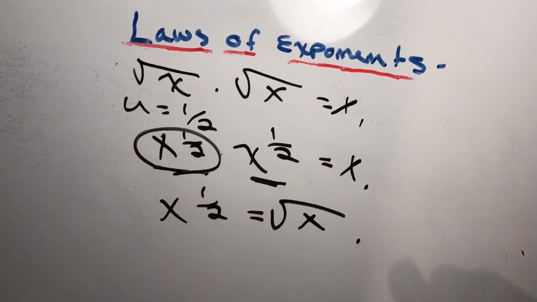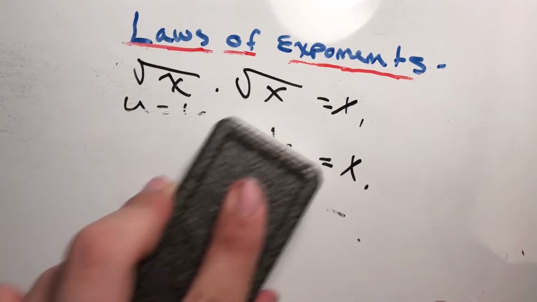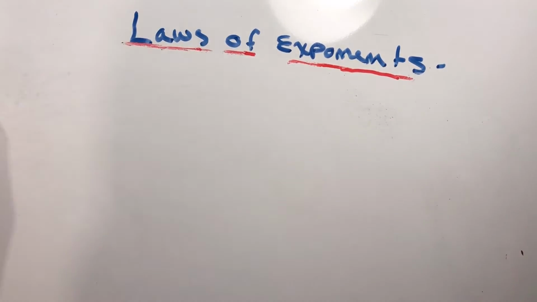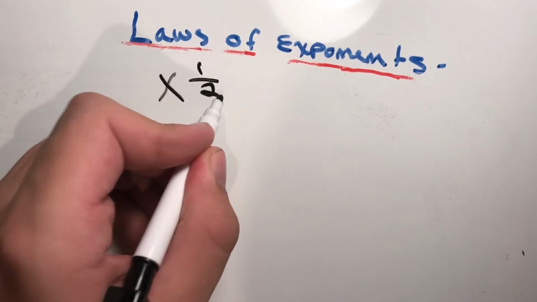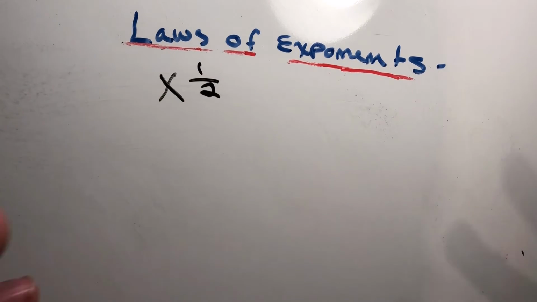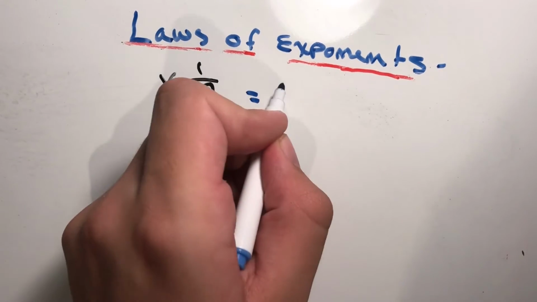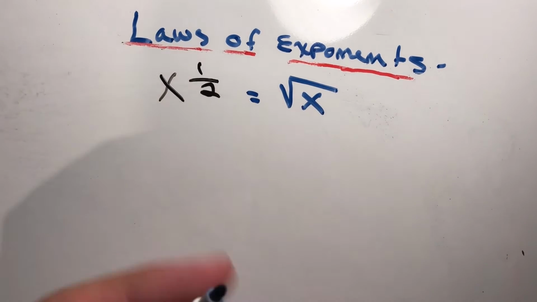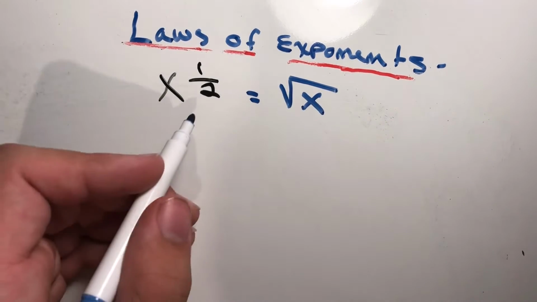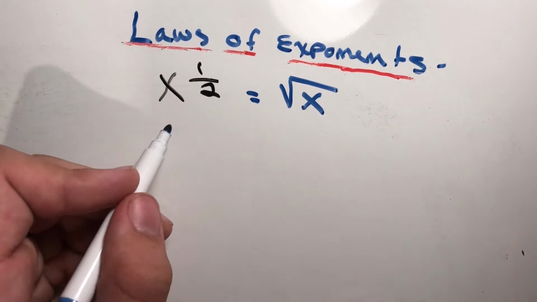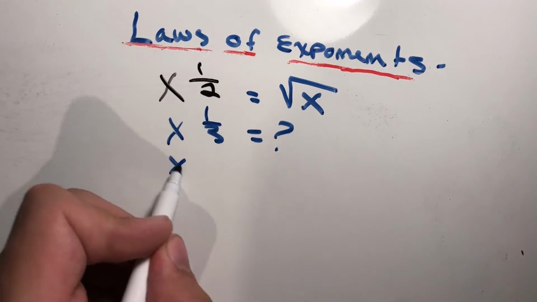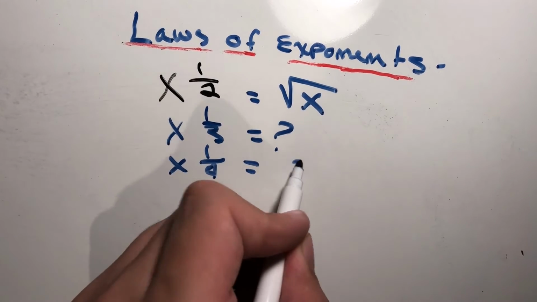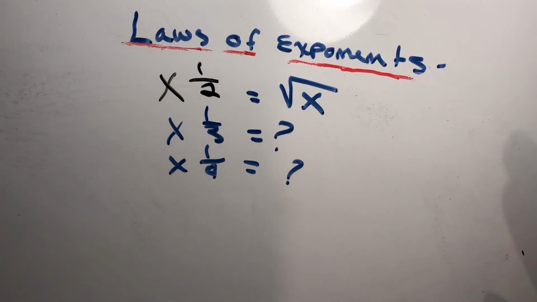Okay, so now, as I said in the topics, we've introduced the idea of a fractional exponent, right? So x to the 1/2 is our first example of a fractional exponent. In this case, x to the 1/2 is the square root of x. And what we'll see here, as I mentioned in the problem set for laws of exponents, the last video I made, is that x to the 1/3 is equal to something, x to the 1/4 is equal to something, and these all involve roots.